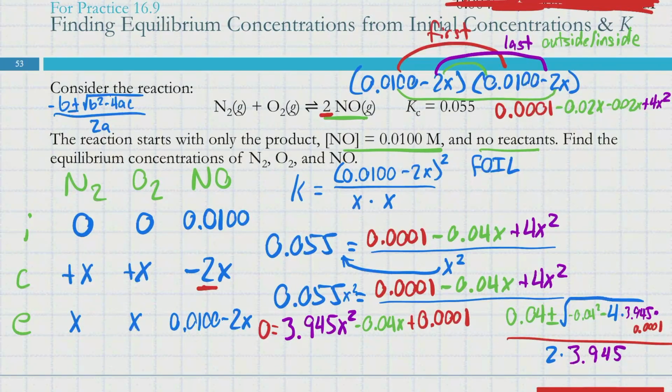And assuming we didn't do anything incorrectly, we should get a reasonable number.